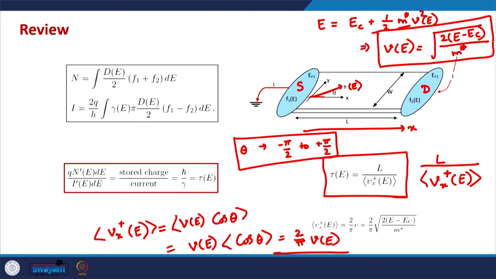Okay. So, this is the ballistic case, which means that electrons are not dissipating, electrons are not changing any pathway during their transport from the source to the drain. Okay.